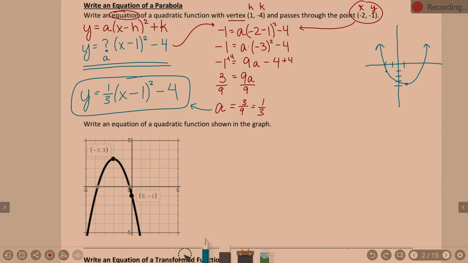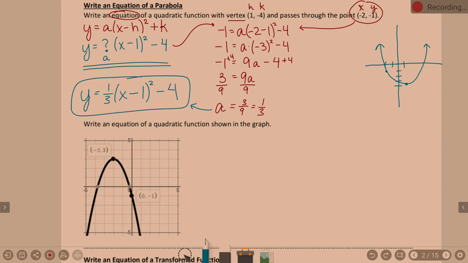Okay. So your job to write this equation is to fill in h, k, and a. In the middle, we had to fill in x and y, didn't we? We had to fill in x and y to figure out what a was. X and y are not filled in your final answer, though. That's just our work. Okay, questions? Okay. Learn the process. It's not bad. You've just got to remember the process.